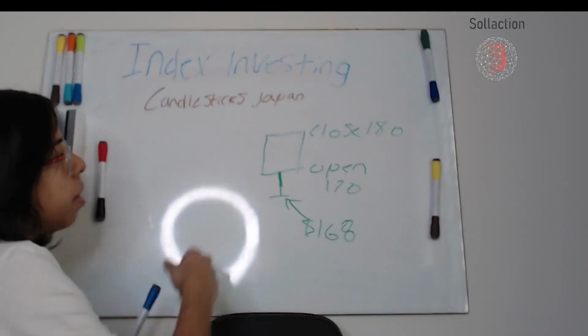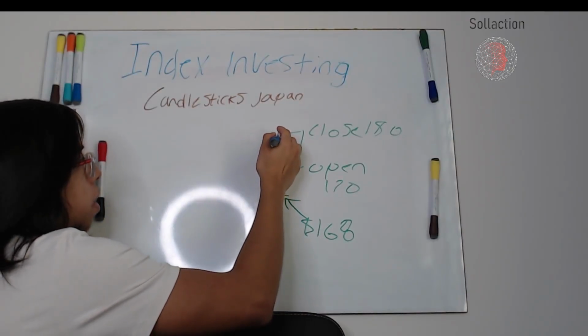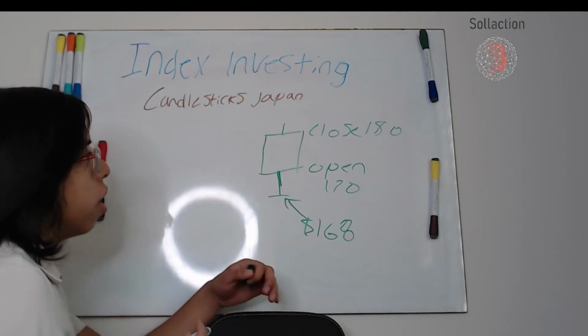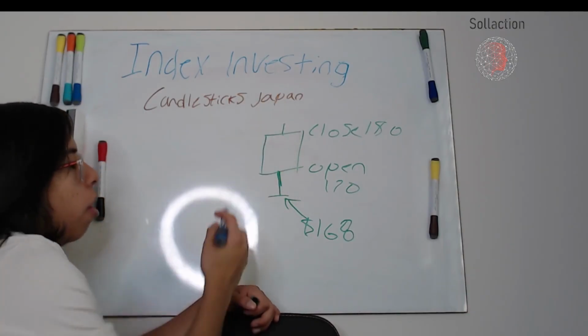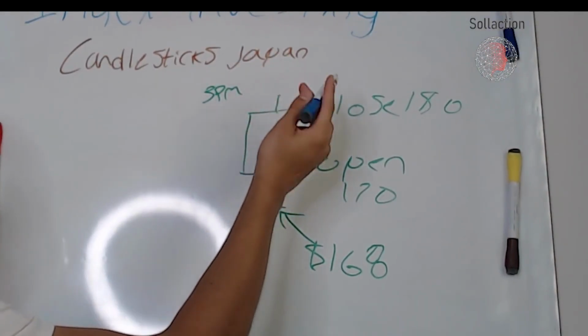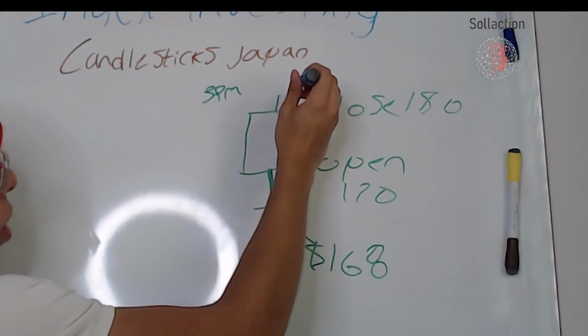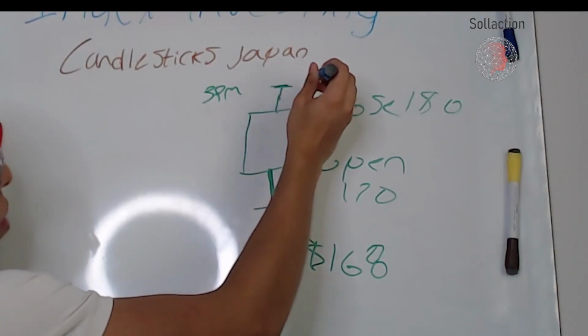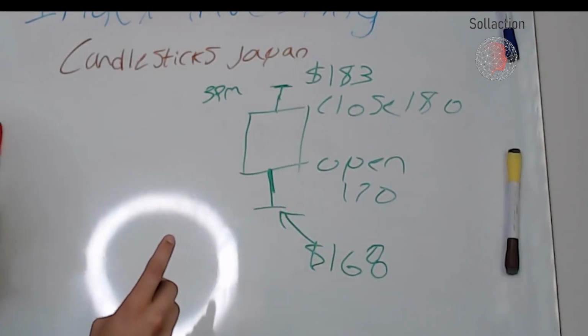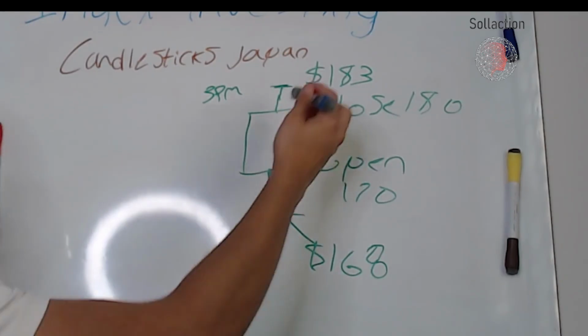The same thing happens on the top part. Sometimes you'll see that the price has gone up way too much, right? The price went up a lot more. But let's say that when the price went up at 3 p.m., it went to $183. But it went back down, right?